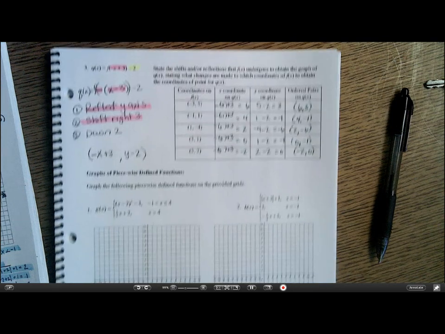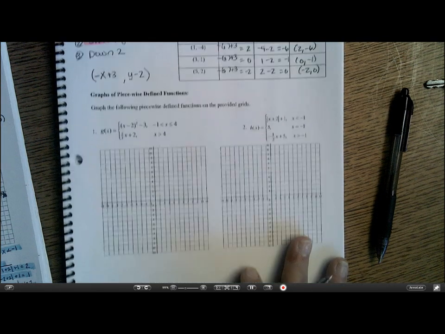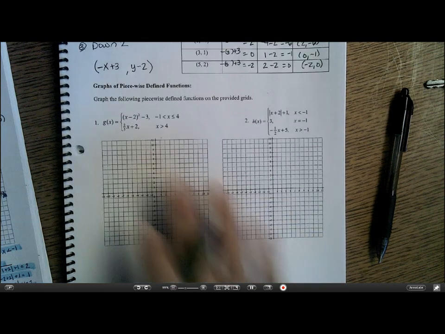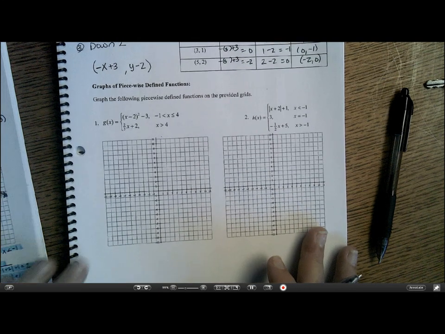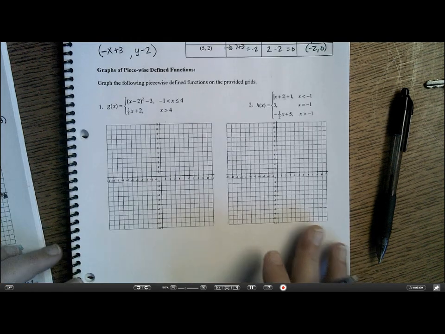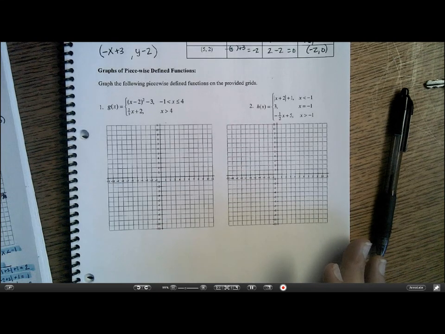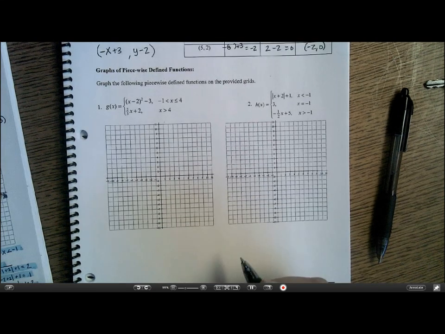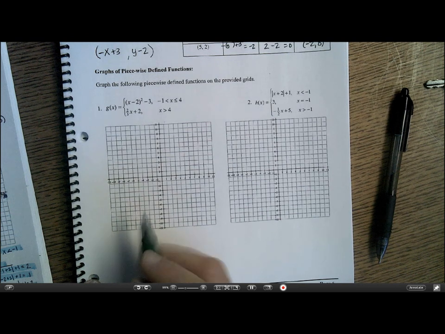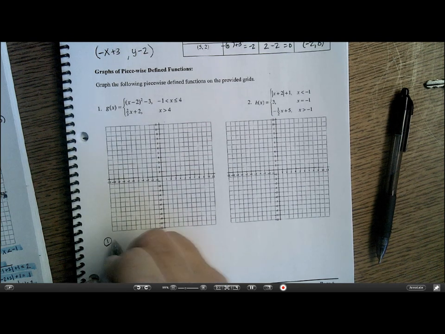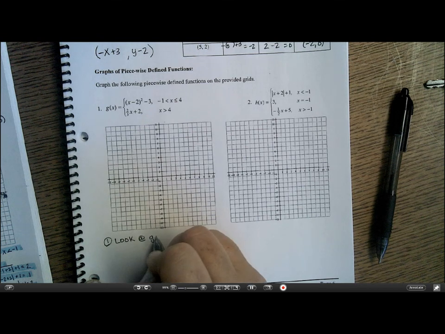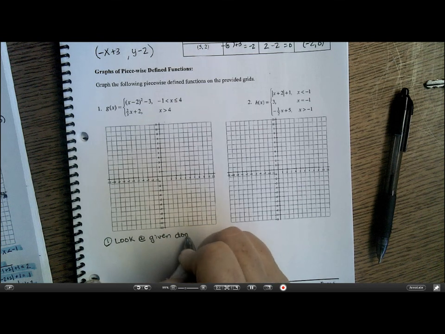Okay. All right, now this is a new topic. We're talking about graphs of piecewise functions. This might be relatively new to you, and if not, great, just let's make sure that we can follow through. Number one, always look at given domain.